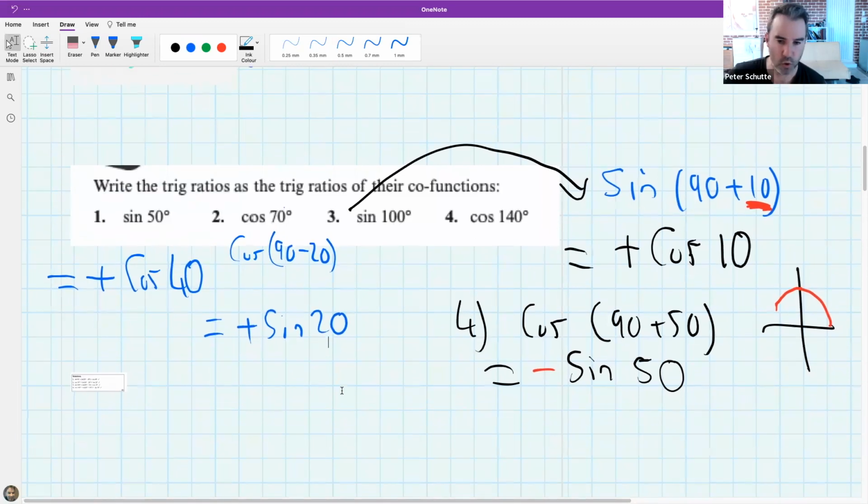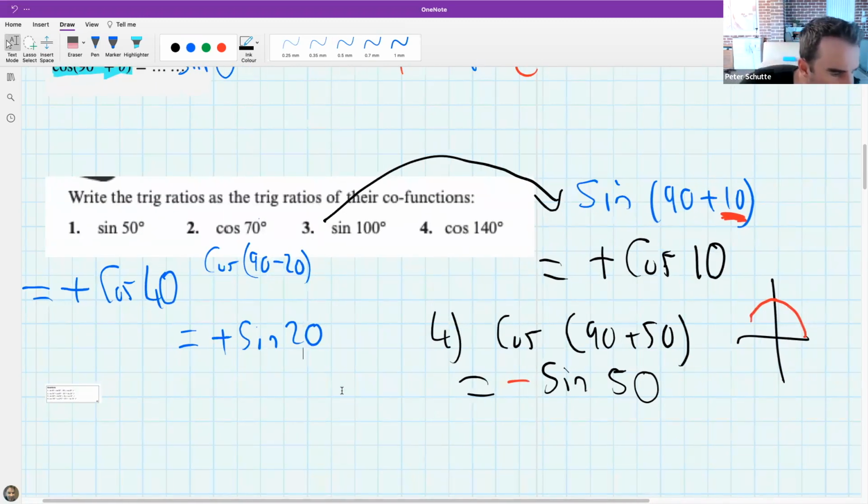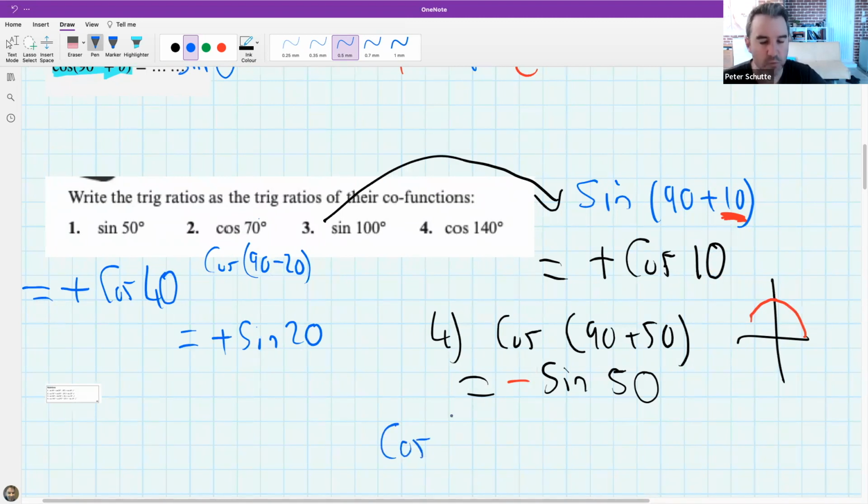Now, a very good question has been asked by Sino, who said, could we not also have reduced this angle by using the horizontal axis? And Sino, I completely agree. If you were going to use the horizontal axis, then you would say 180 minus 40, I can rewrite cos like that.